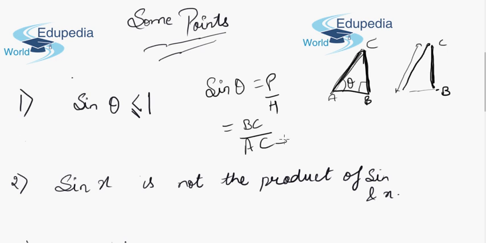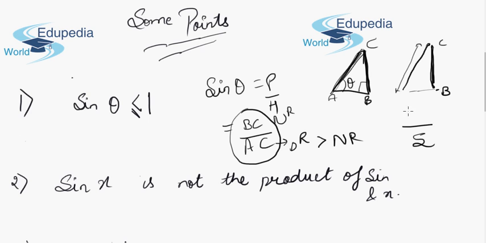Thus, this denominator is always greater than numerator. Say if denominator is 5, then BC will be less than 5, say 4.5, 3, 2, etc. So 2 divided by 5 will be less than 1. Thus sine theta is less than 1.